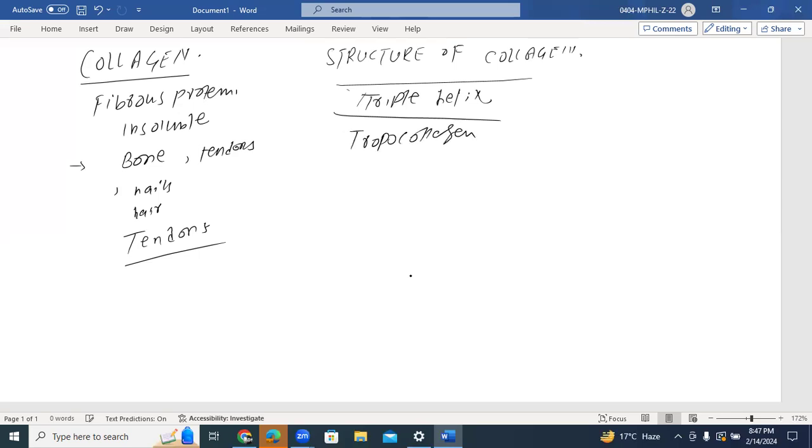But an important thing you should remember is that it is a triple helix, so we can combine these triple helices together. For instance, it is like making a rope by combining two to three helices.